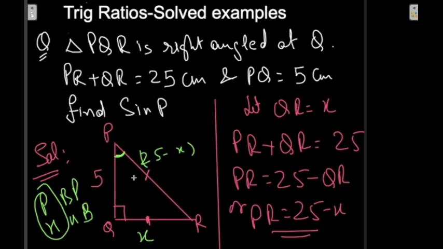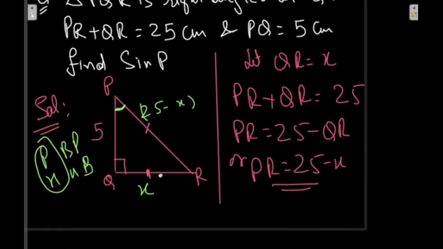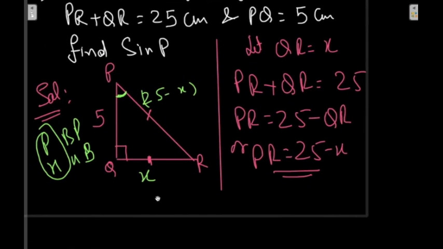Now first let's find the value of X. Since these are the ratios, we can easily find the value of X. Here we are going to use the Pythagoras theorem. As per Pythagoras theorem, we have 25 minus X whole square is equal to X square plus 25, right?